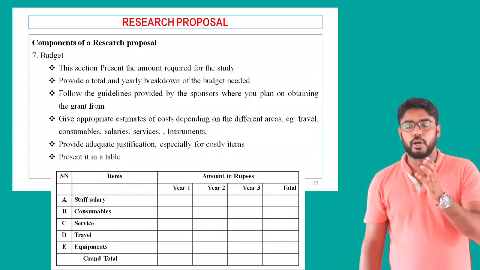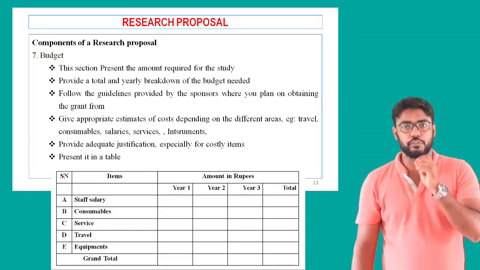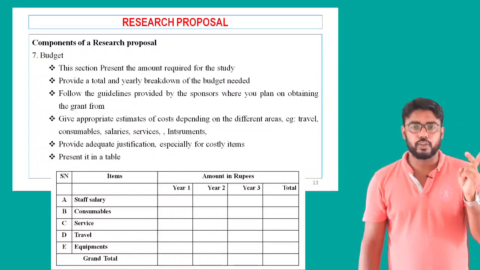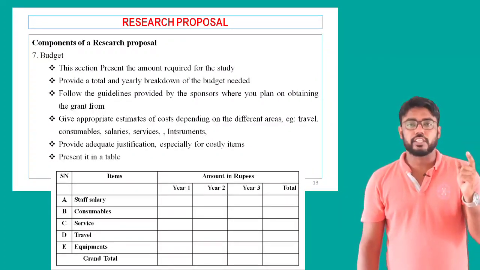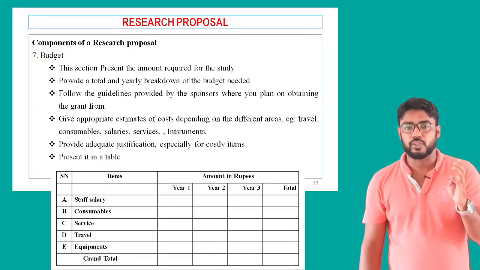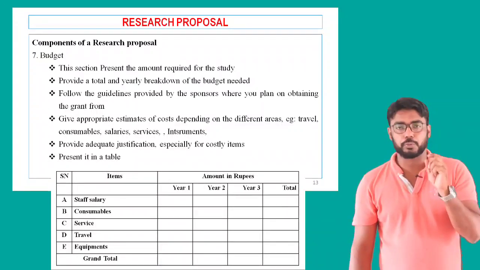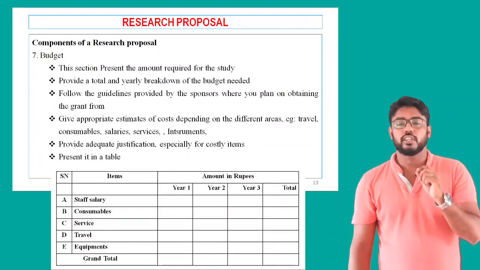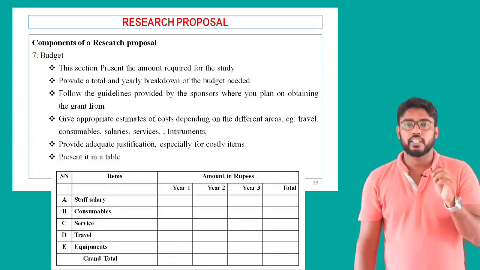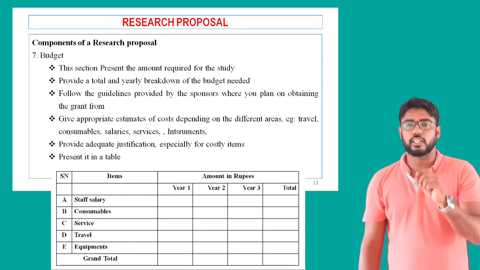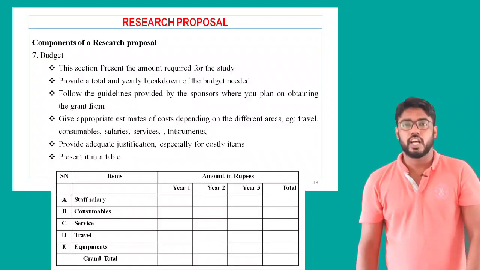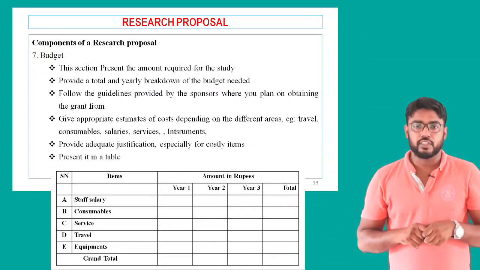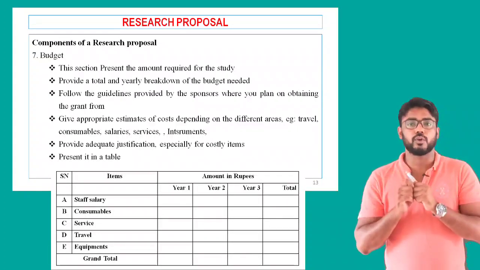You have to give an approximate estimate for different areas, like how much you need for travel, consumables, salaries, services, instruments, etc. And provide adequate justification, especially if you are buying costly items.